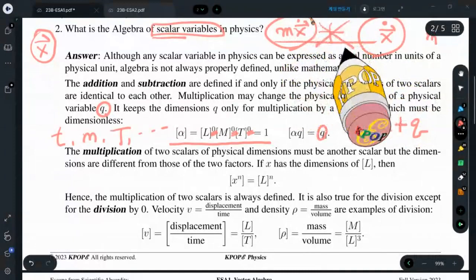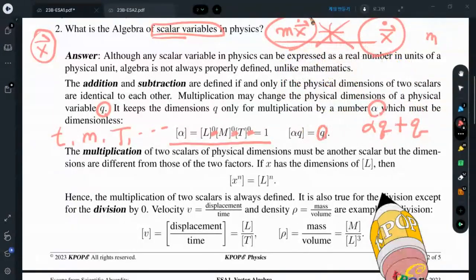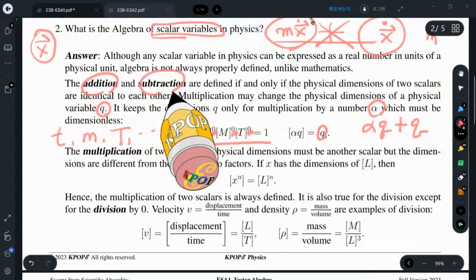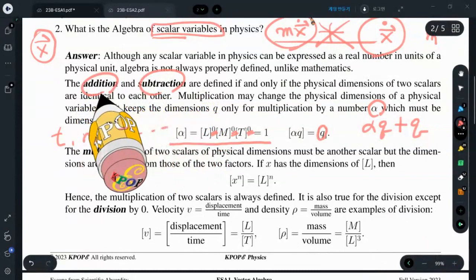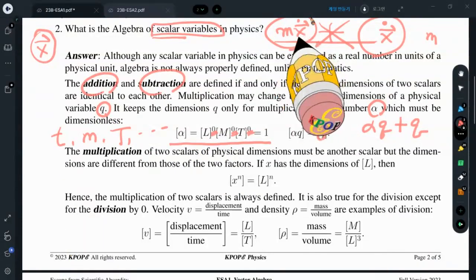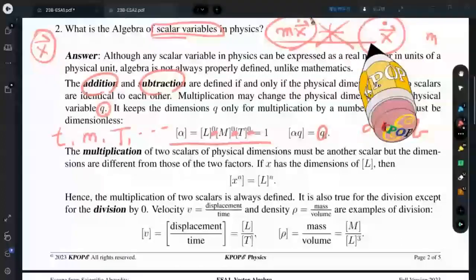They cannot be added together because they are of different dimensions. So when we want to add or subtract two physical quantities like in mathematics, we have to check whether the two quantities are of equal dimensions.